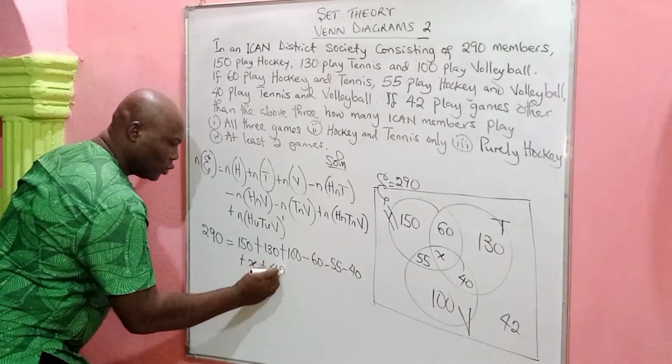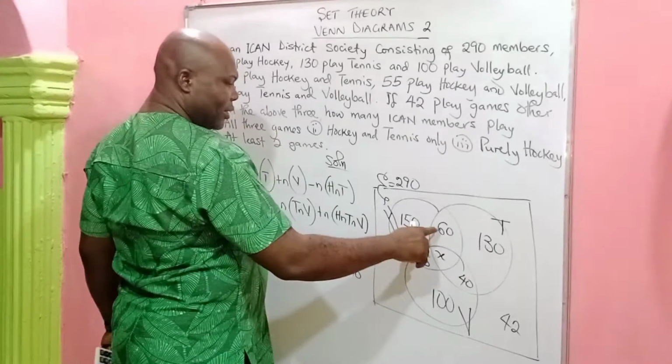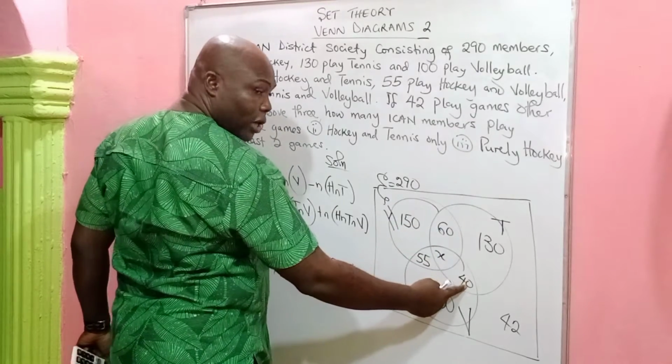So we have 150 plus this, minus 60, minus 55, minus 40, plus x, plus this, as simple as that.